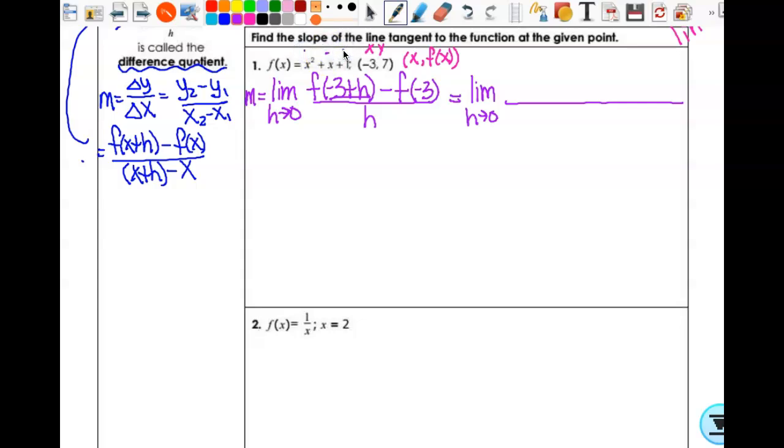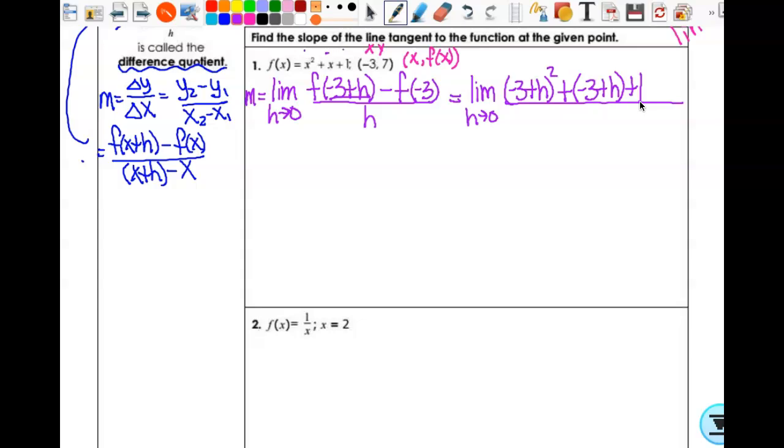That's how we evaluate something. So x squared becomes negative 3 plus h squared. Then plus x, which is negative 3 plus h, and then the plus 1.